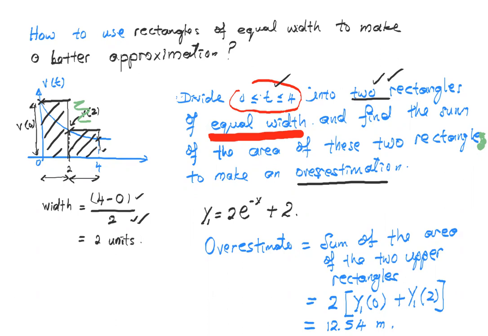So now I ask you how to use rectangles of equal width to make a better approximation. If I want to improve my approximation some more, what should I do? Can someone give me the answer?